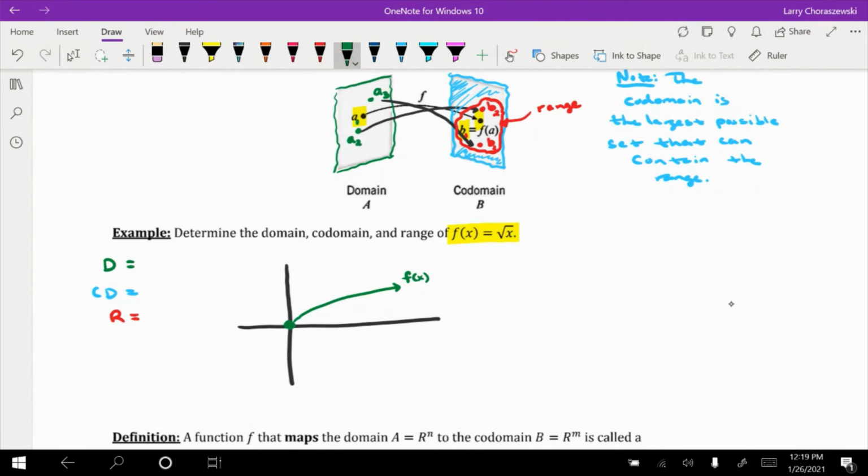Keep in mind our function is the square root of x. Based on the graph, since this graph starts at the x value of 0 and then continues on forever and ever to the right, our domain would be represented by this part of the x-axis. We could write those numbers using interval notation, and it would be bracket 0, comma, infinity.